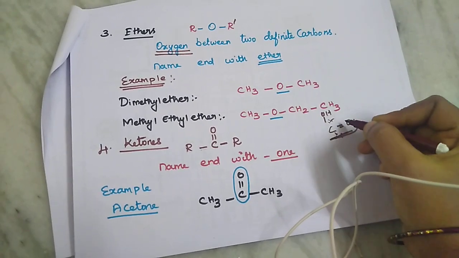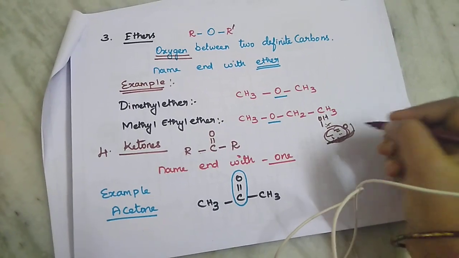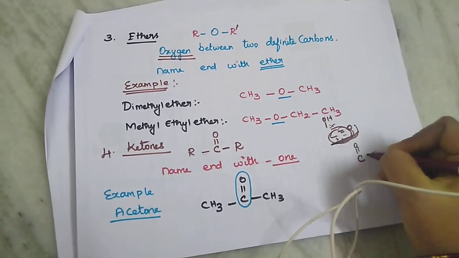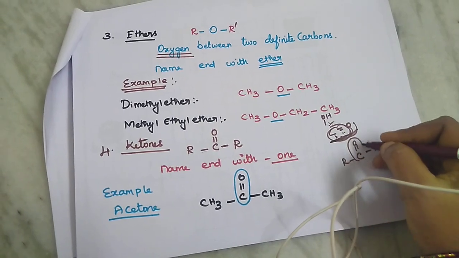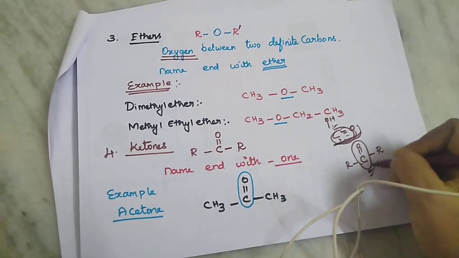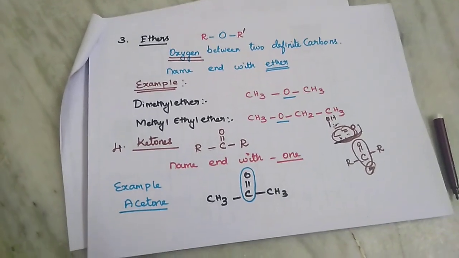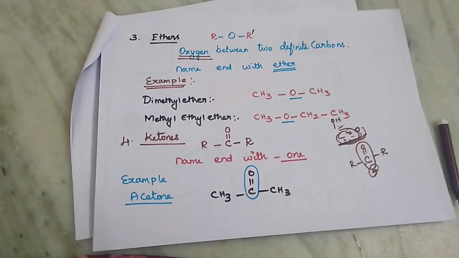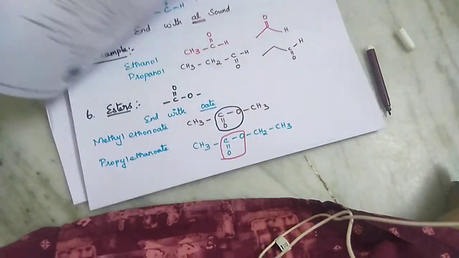It is one of the functional groups. We do not take the ketone here as a functional group. When the ketone is attached to your hydrocarbons, only then does it represent the functional group, ketone as a functional group. The name ends with "one". So the example is acetone.